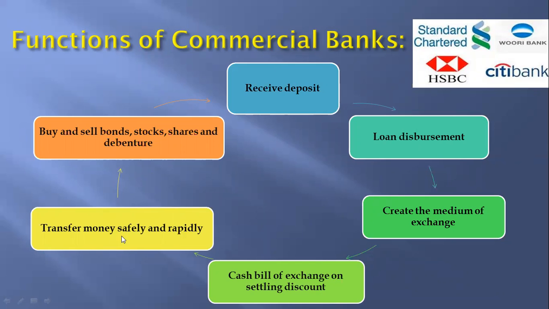Next comes transferring money safely and rapidly. We know that commercial banks can transfer money safely and rapidly. These banks help people to transfer money easily from one place to another through bank check, bank draft, pay order, traveler's check, telegraphic transfer, that is TT, etc.